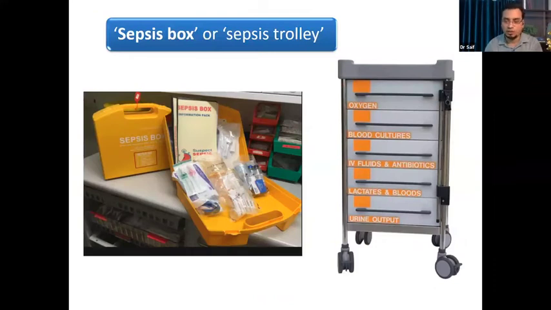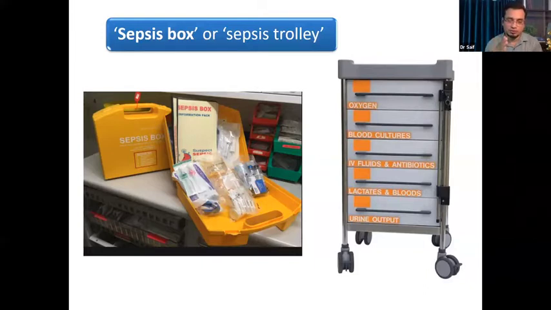So this is what they follow in UK. They keep a sepsis box and sepsis trolley. But that is good, which we can adopt. I'm not sure if in private hospitals we are doing that, but in Tata Memorial Centre, where I completed my degree in critical care, we used to keep a few vials of antibiotic for stat orders.